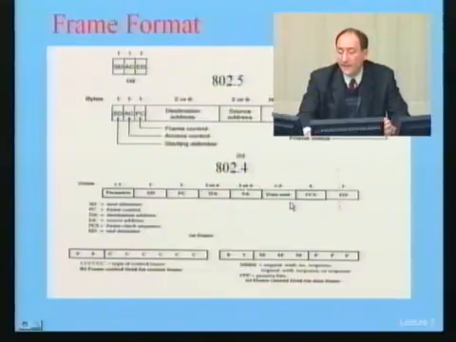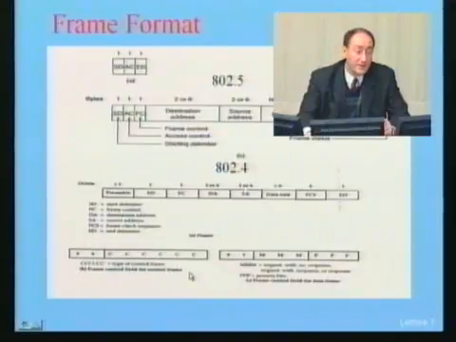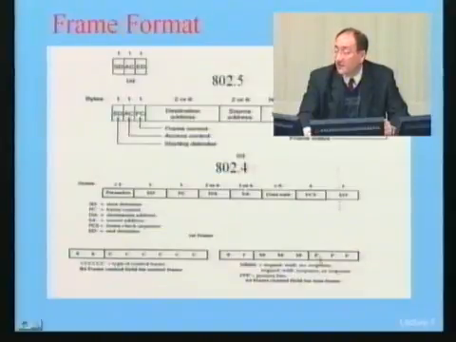Now, frame control also has priority bits. Frame control can be used for two purposes: it can be used for data frames, and it can be used for control frames. If it is used for a data frame, it carries the priority, three priority bits.